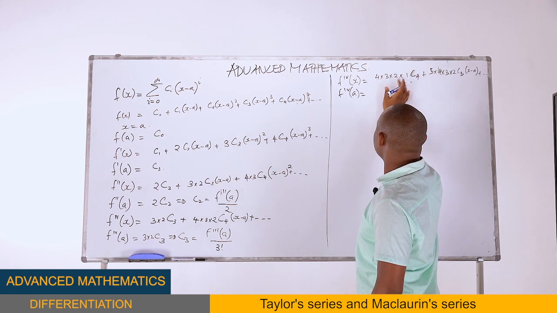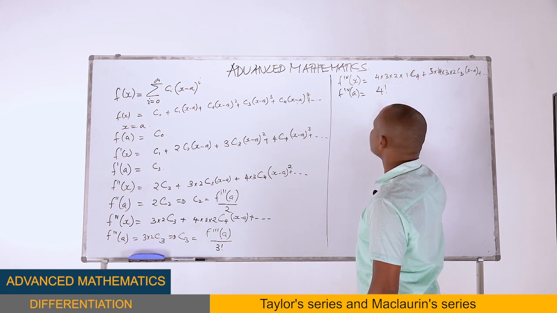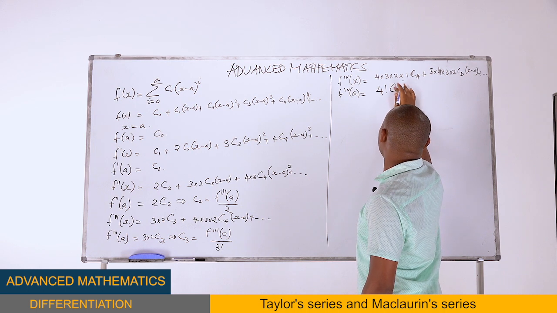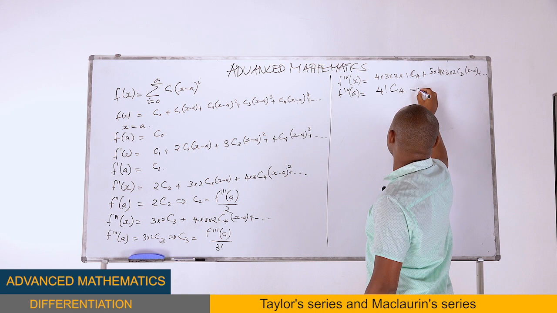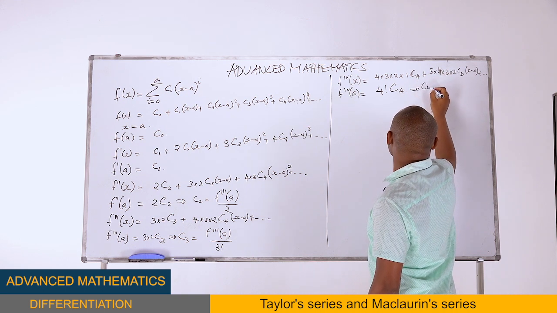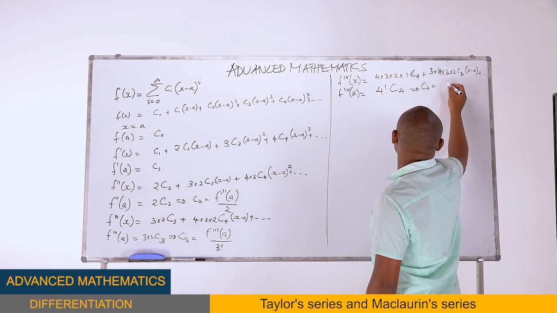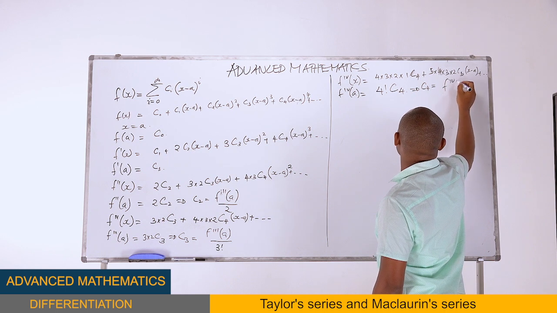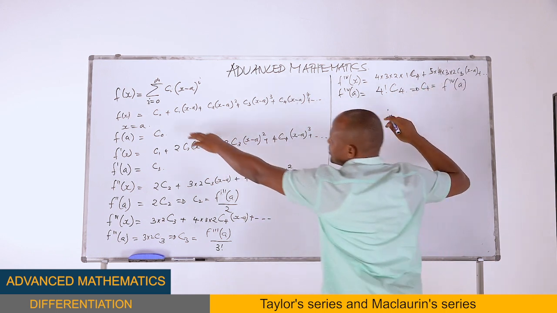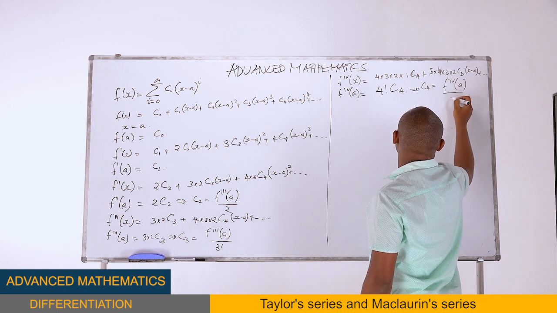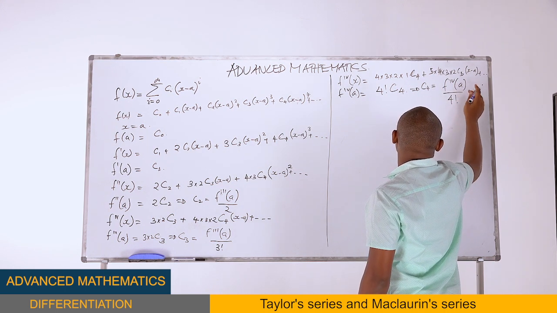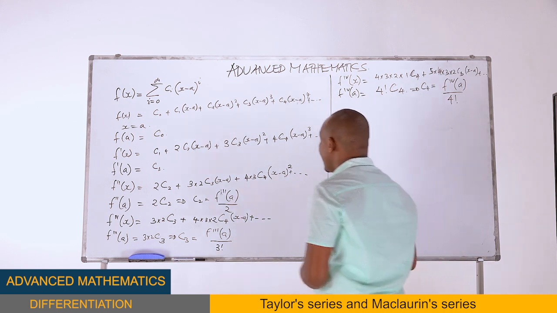If you look carefully, you will see that is just 4 factorial times c sub 4. This implies c sub 4 equals the fourth derivative of that expression from the definition evaluated at a, over 4 factorial.